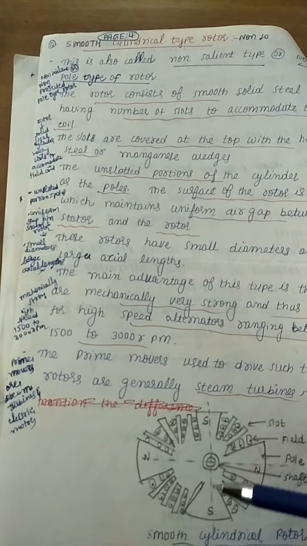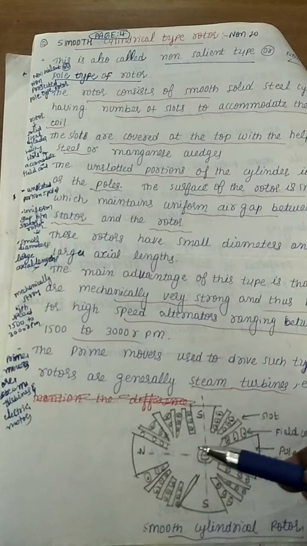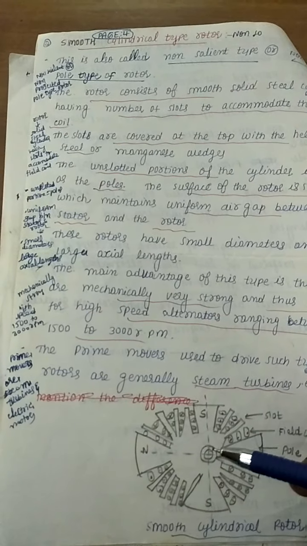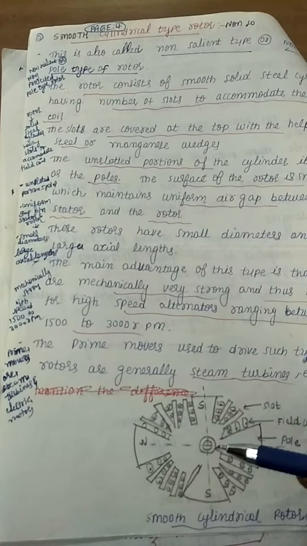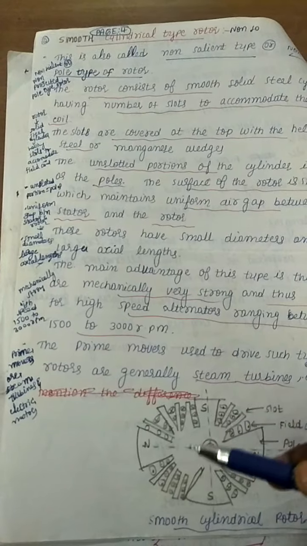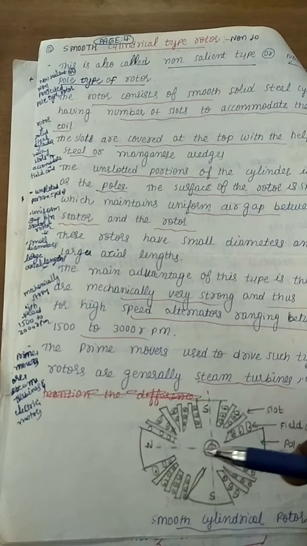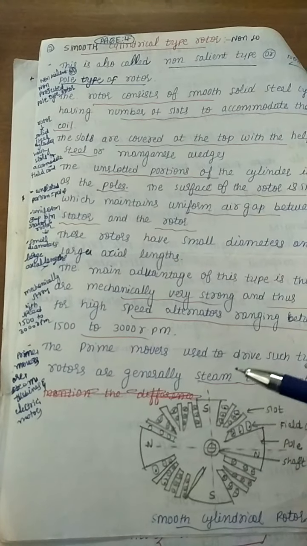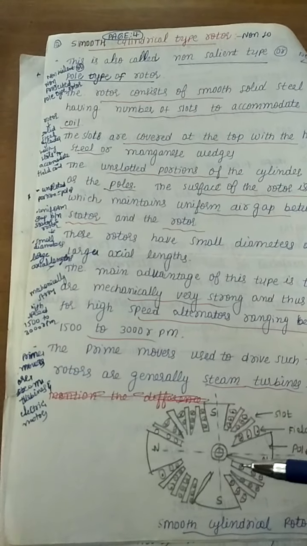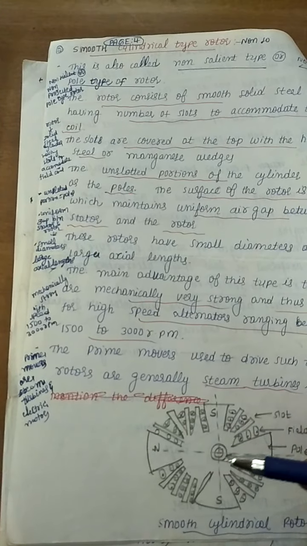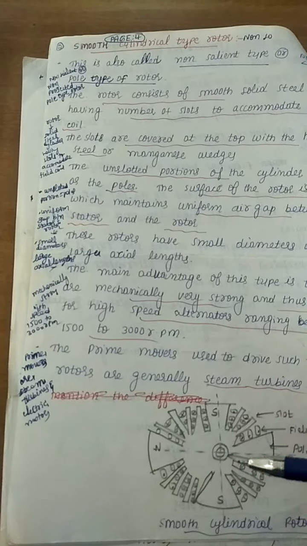N and S themselves behave as poles. So here you have a uniform gap on the rotor for ventilation purposes, and it has small diameter and large axial length. It is mechanically strong. Therefore, this type of rotor is preferred in high-speed alternators. The speed range is 1500 to 3000 rpm. The prime movers for the non-salient pole rotors are steam turbines and electric motors.